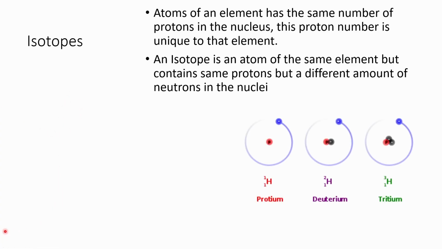So let's take hydrogen for example. Typically a hydrogen atom, which is this first one in red, has one singular proton and one electron. You can see by comparing it to the others that it has no neutrons. It literally has one proton and an electron.